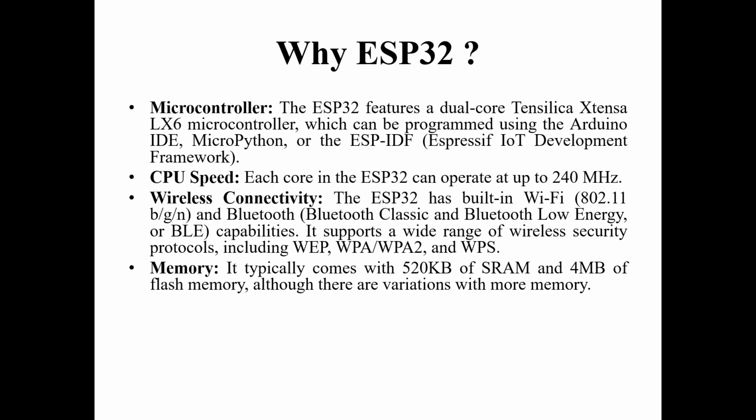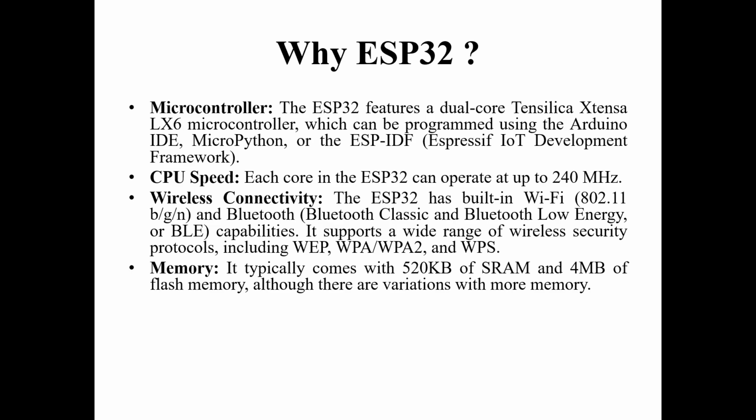So why ESP32? The ESP32 features a dual-core Tensilica Xtensa LX6 microcontroller, which can be programmed using the Arduino IDE, MicroPython, or ESP-IDF, the Espressif IoT Development Framework. CPU speed: each core in the ESP32 can operate at up to 240 MHz.